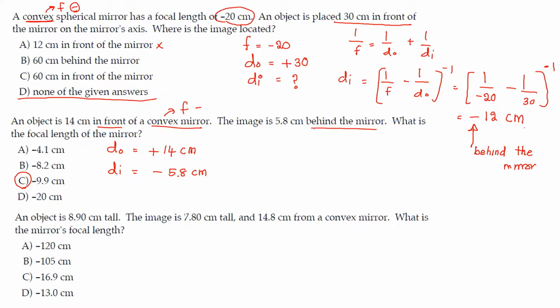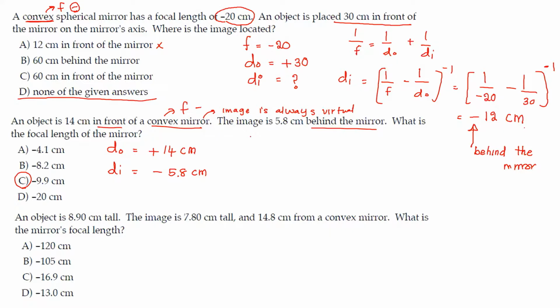Even if they did not tell you this, you should know. Why? We know for a convex mirror, the image is always virtual, right? Remember the summary? Usually they give this because they don't want you to know everything, but it's good to know. They're asking what the focal length is. When we find the focal length, we should get a negative value.